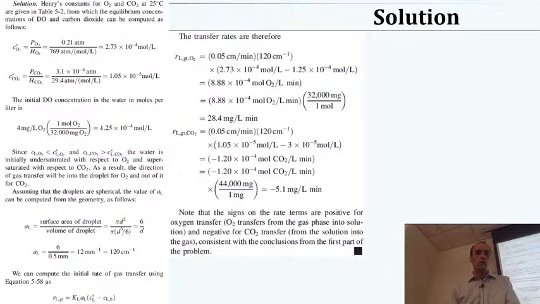For the initial DO, we go through that calculation and get 1.25 times 10 to the minus 4 moles per liter. We compare that to what we find up here, and sure enough, there's more at equilibrium than in the actual groundwater, which makes sense because groundwater, if anything, should be undersaturated.